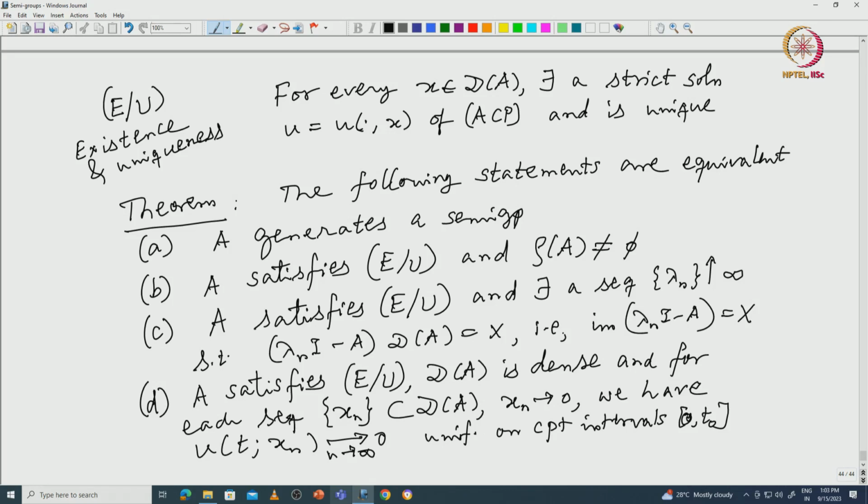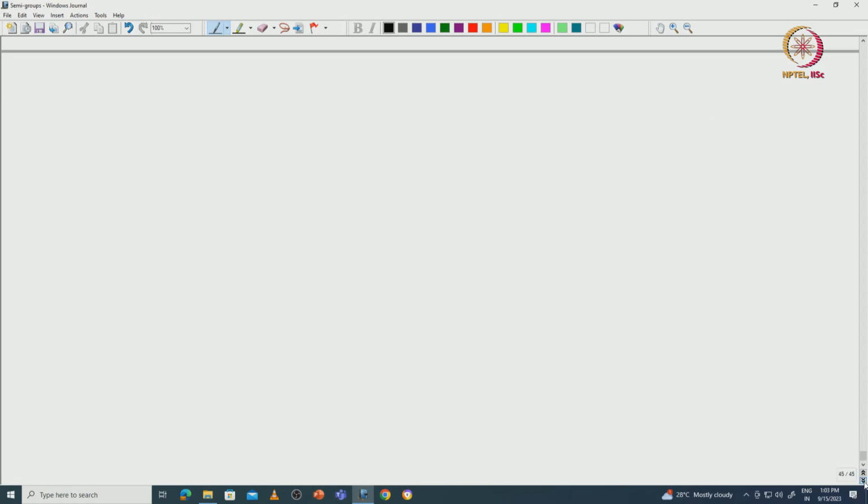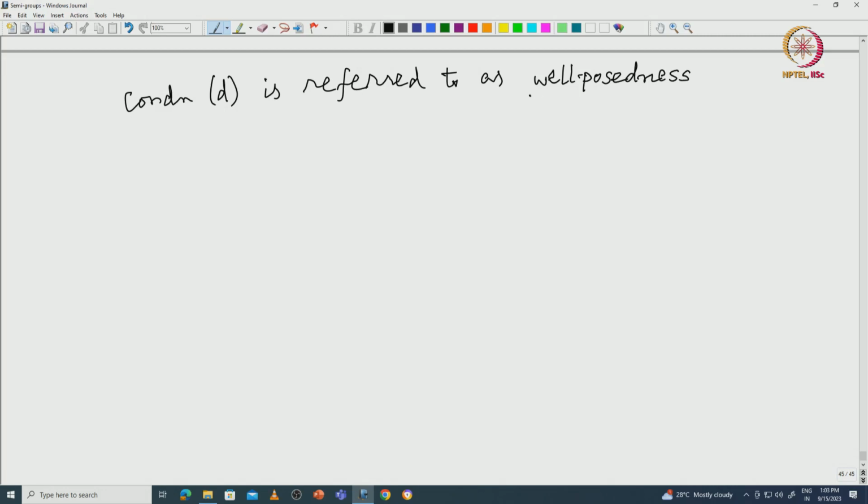And condition D is referred to as well-posedness. From the beginning you are hearing that we are interested only in well-posed problems, that is existence, uniqueness and continuity with respect to the data.